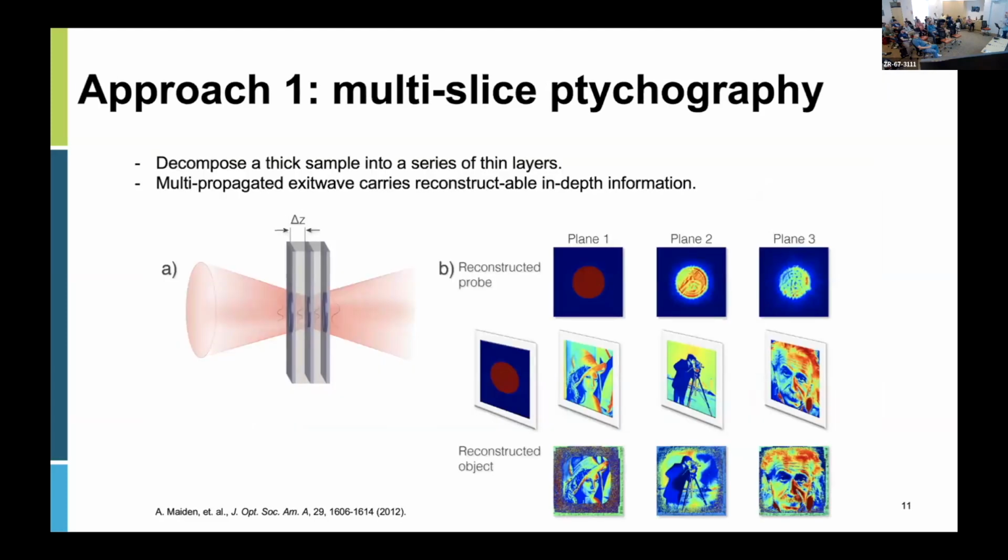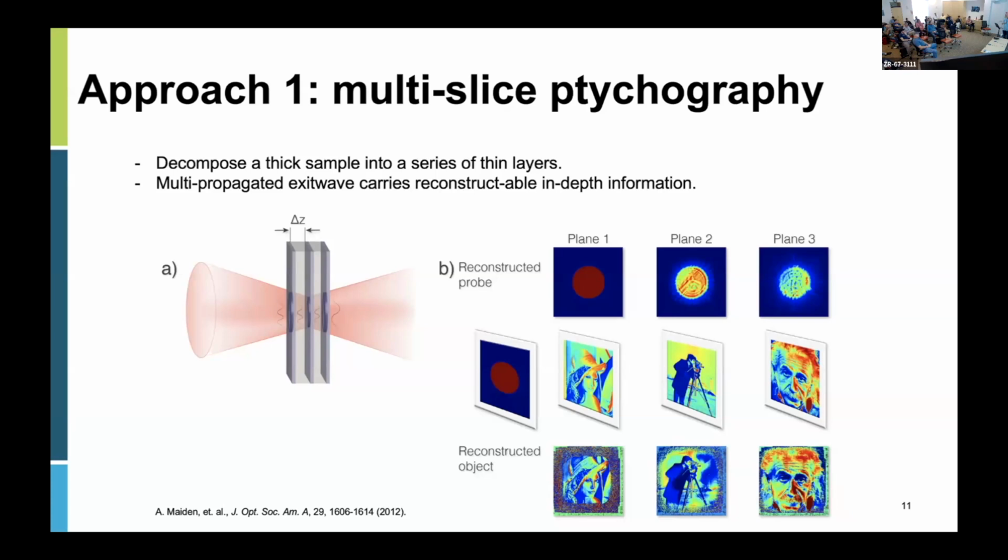So for the first method, multi-slice ptychography, this method adapts the multi-slice concept developed in the electron microscopy community. In this method, it decomposes a sample into a series of thin layers, and each layer is thin enough so we can project all the features on that layer to a single frame, and then that frame will interact with the incoming beam.